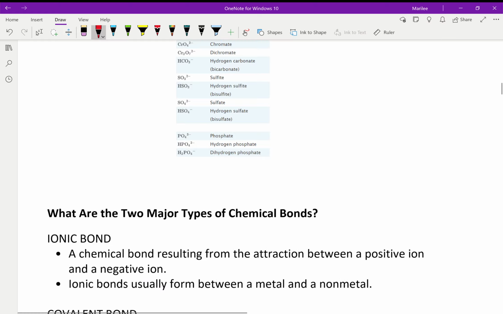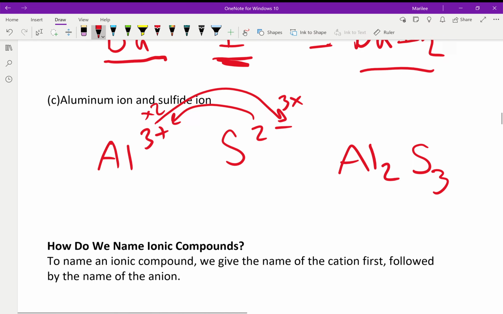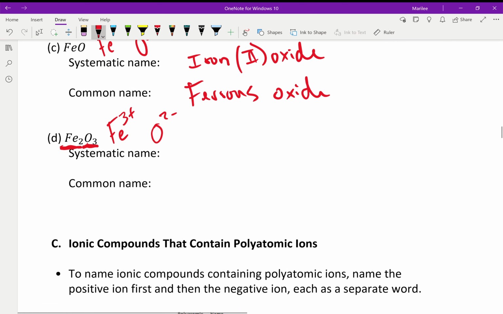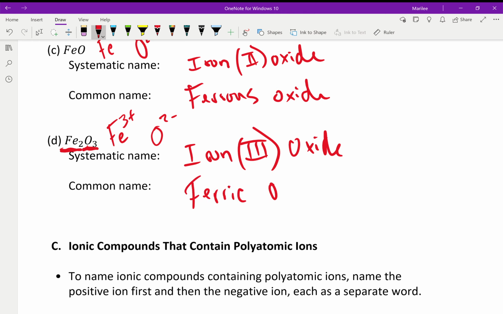So that would be, scrolling down, iron 3 oxide, and the common name would be ferric oxide.